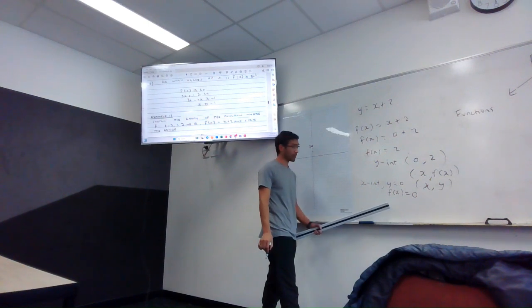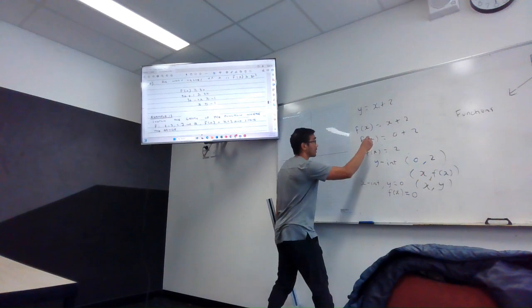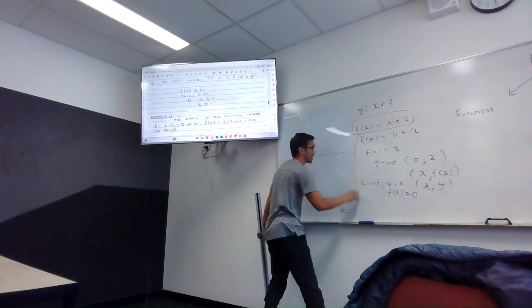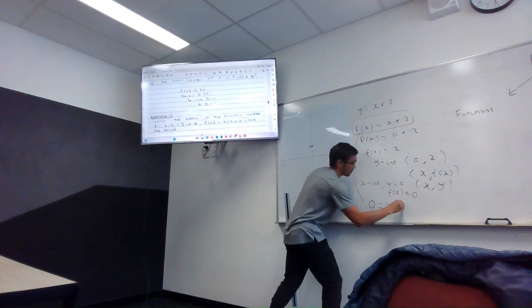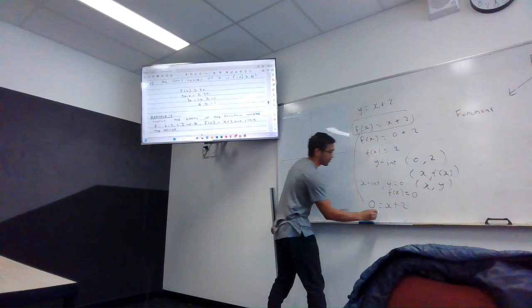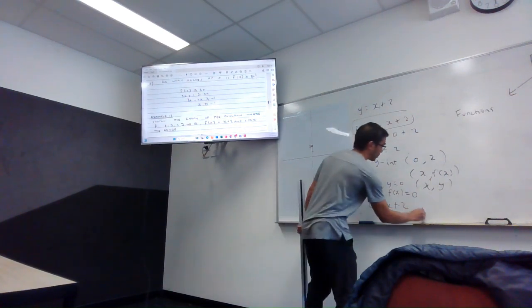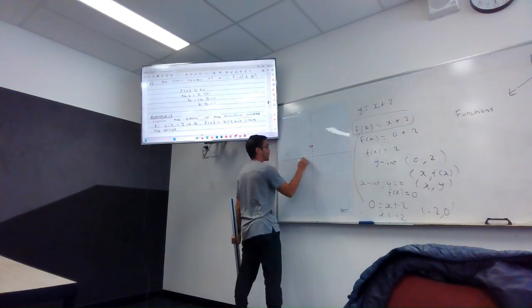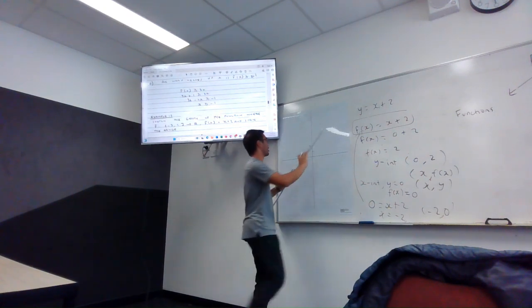Function of x equals 0. So what we do here, in our equation, this is now 0. And from backtracking, x equals -2. So we can plot -2, 0. Okay, so we've got our line.